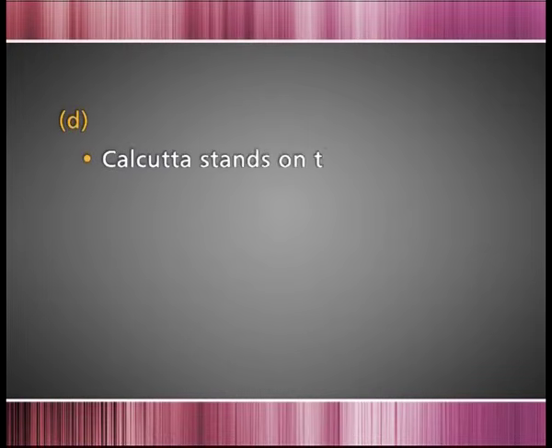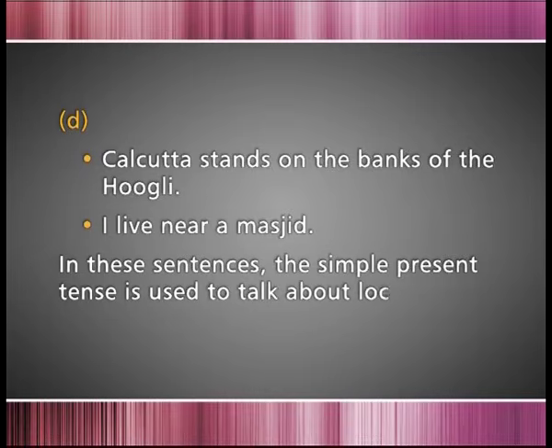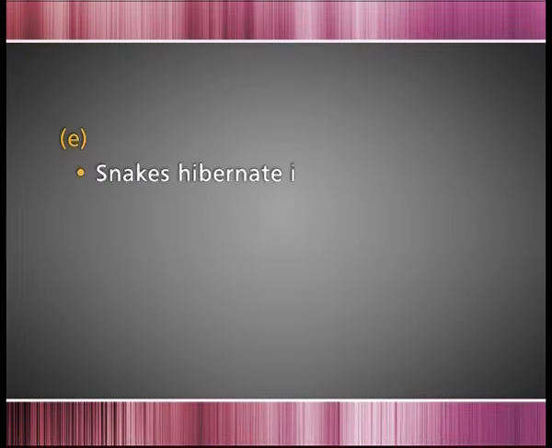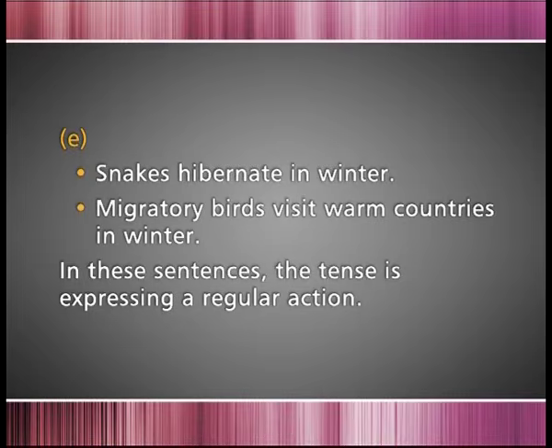D. Calcutta stands on the banks of the Hooghly. I live near a masjid. In these sentences, the simple present tense is used to talk about locations, usually permanent locations. E. Snakes hibernate in winter. Migratory birds visit warm countries in winter. In these sentences, the tense is expressing a regular action.